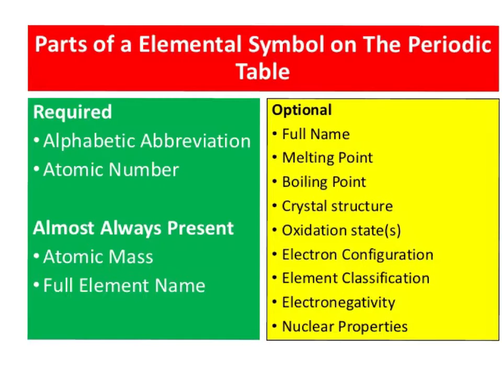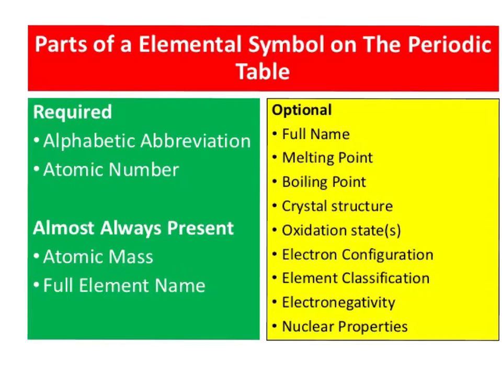Now, that's kind of tricky for us because we're going to use the periodic table as a tool. So what we're going to always have in our periodic table is its atomic mass and the full element name. The periodic table that I handed out to you has these 4 things on it right here: atomic number, alphabetic abbreviation, atomic mass, and full element name.